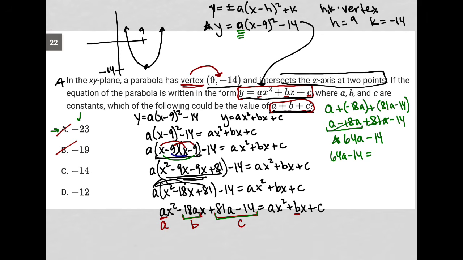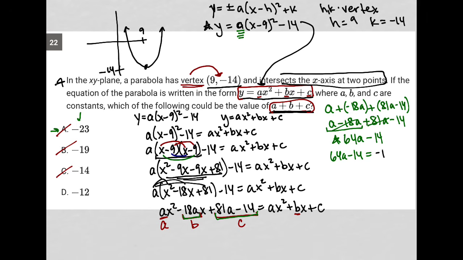How about choice C? Negative 14. I'd have 64a, of course, add 14 to both sides. 64a equals 0. Now, that's just going to give me 0, but I don't want 0, right? That really messes up my entire parabola equation if a equals 0. So C is also gone. And lastly, we can try D. D better work, of course. But let's just try to make sure.